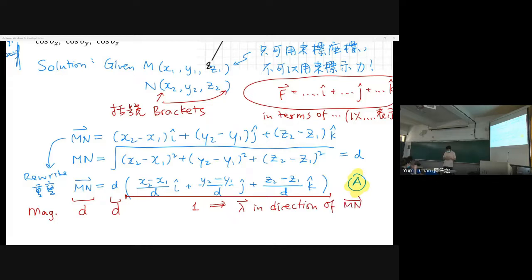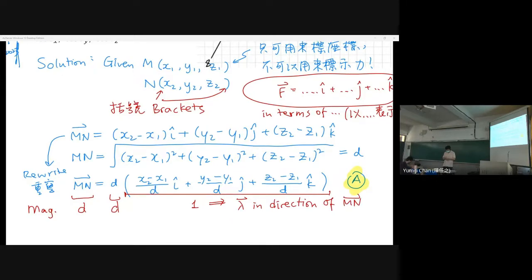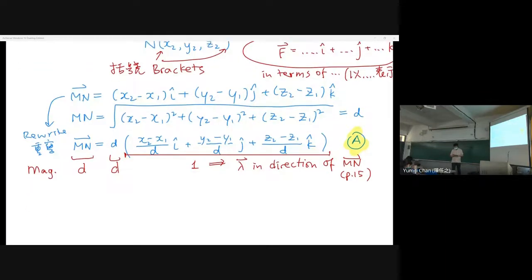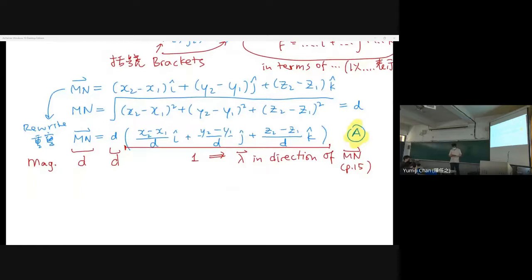Okay, so this is on page 15. We talked about this on Tuesday.